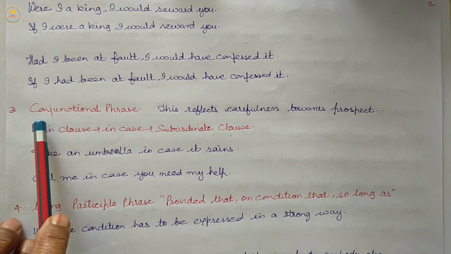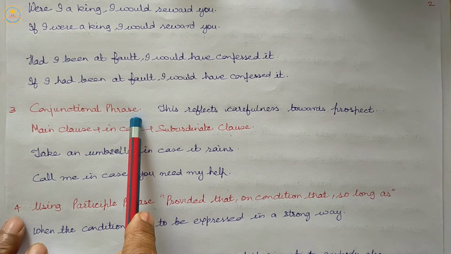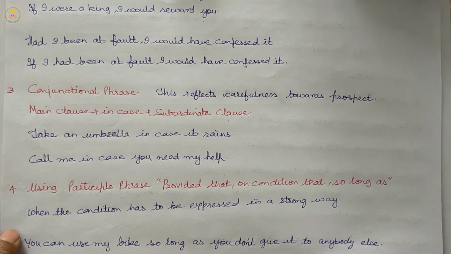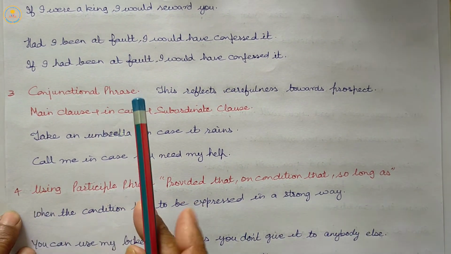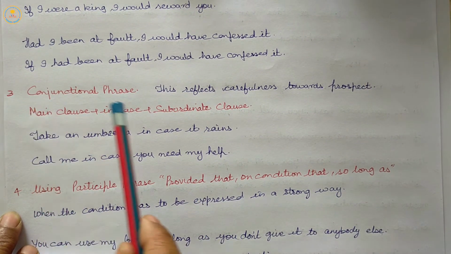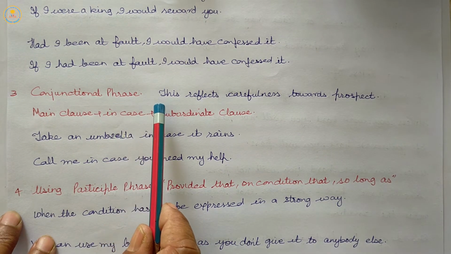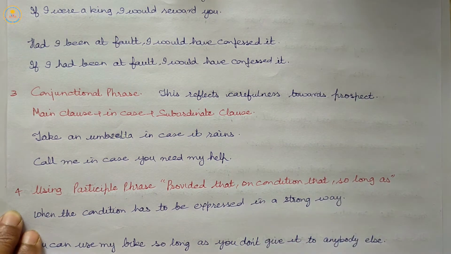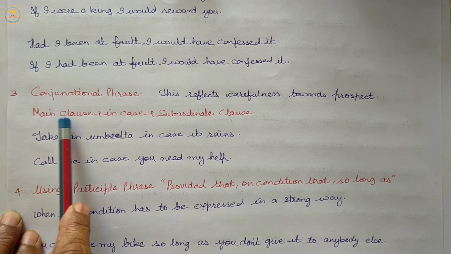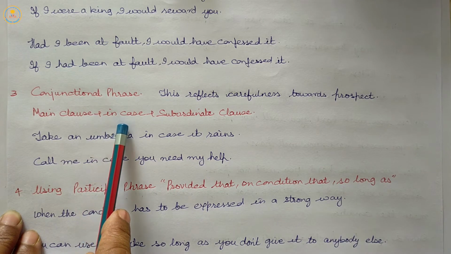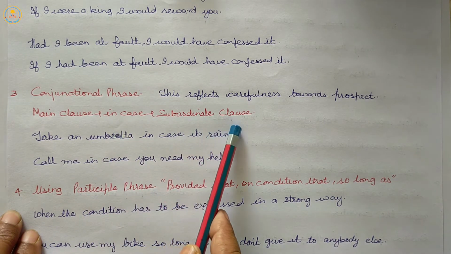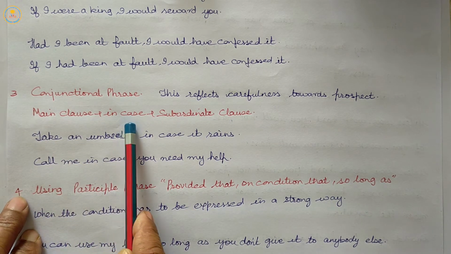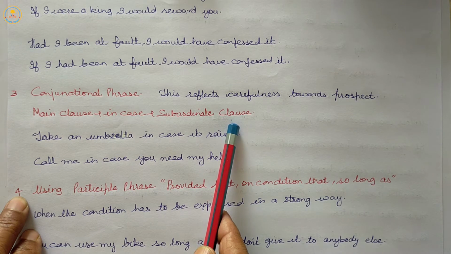Next, conjunctional phrases. This type of phrases shows carefulness towards prospect. Rule, main clause plus in case plus subordinate clause.